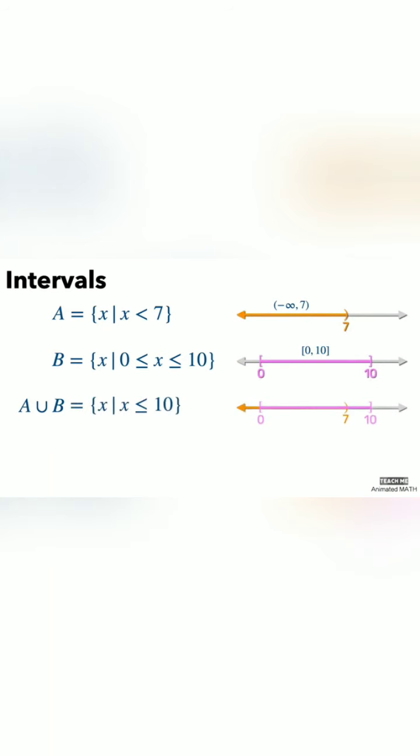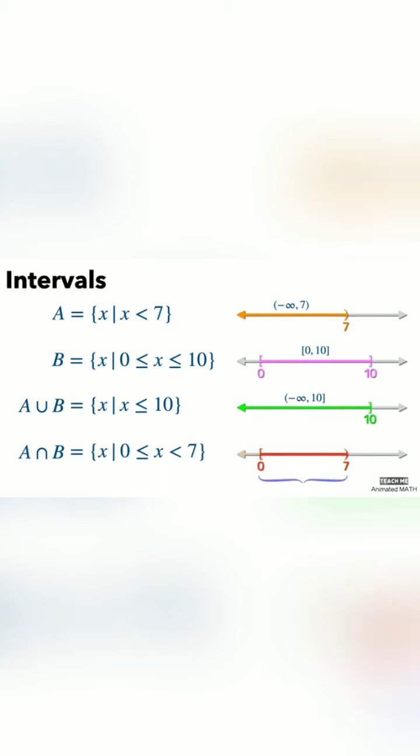The union of A and B is the set of all real numbers less than or equal to 10. The intersection of A and B is all of the numbers common to A and B. The intersection of A and B is the set of real numbers greater than or equal to 0 and less than 7.